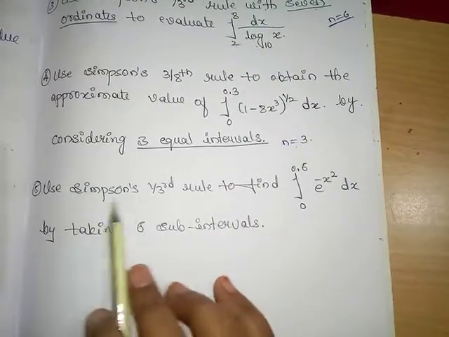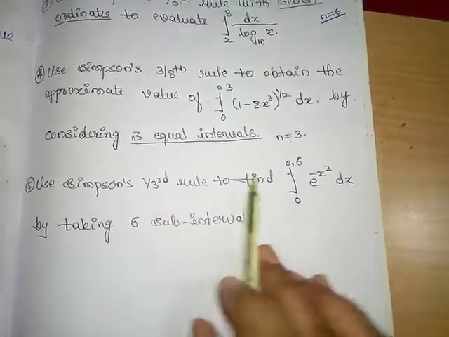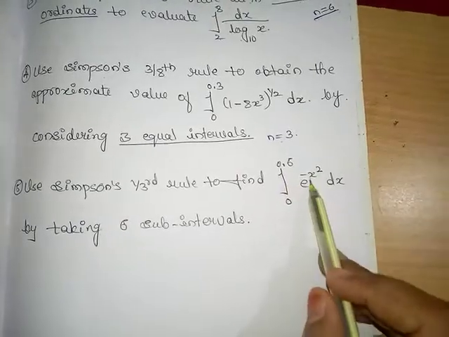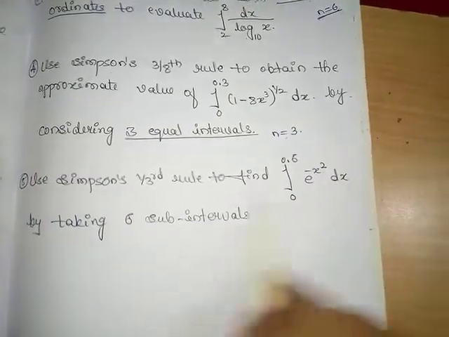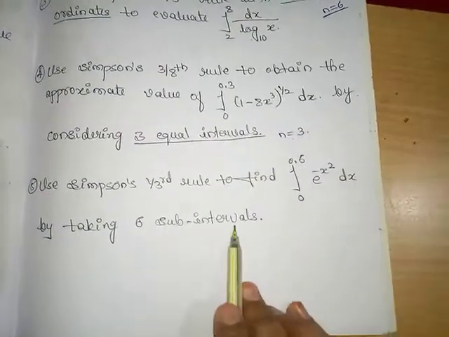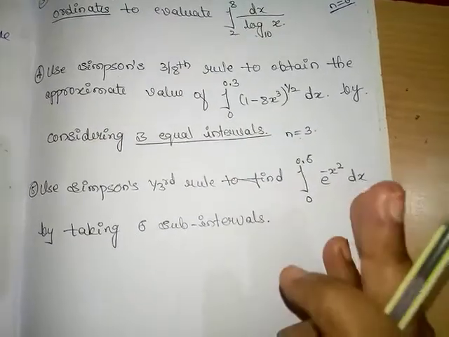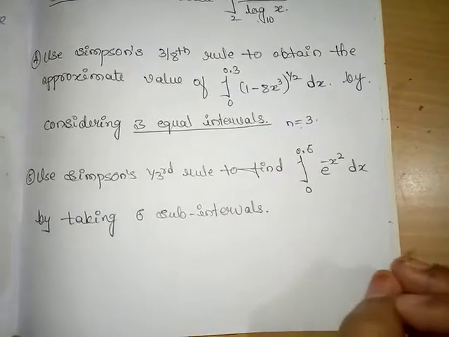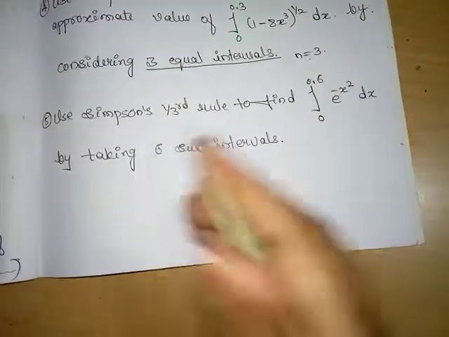Next is use Simpson's 1/3 rule to find the integration from 0 to 0.6 of e raised to minus x squared dx, by taking 6 sub-intervals. See, sub-intervals, strips and equal intervals, all these three are the same.